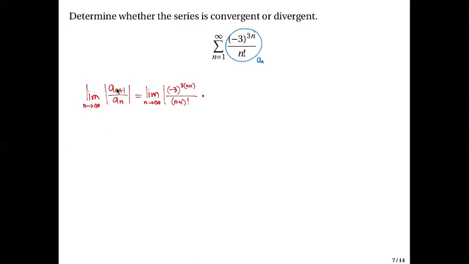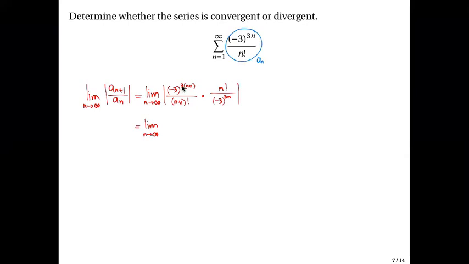And then times, kunin na lang natin yung reciprocal ni A sub n. So this means you will have n factorial divided by negative 3 raised to 3n. Then close natin si absolute value, and then sulat uli natin, limit as n approaches plus infinity. Expand lang natin.